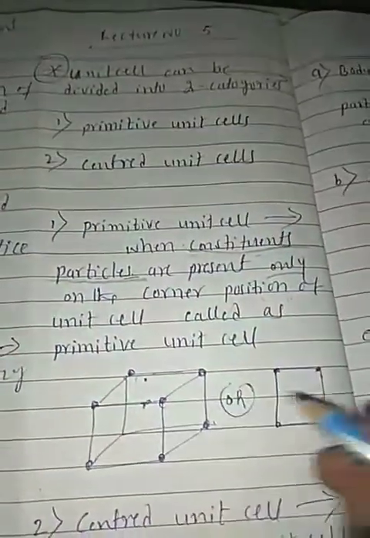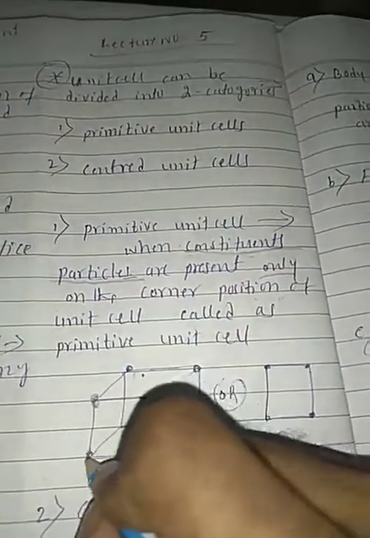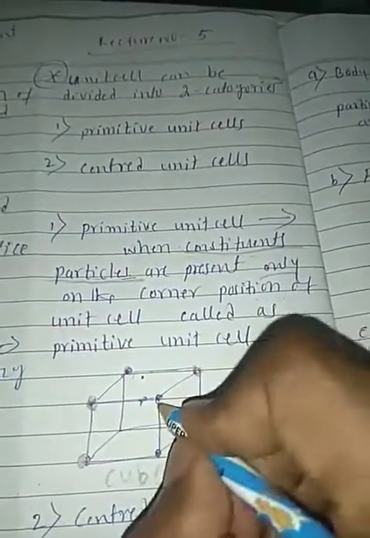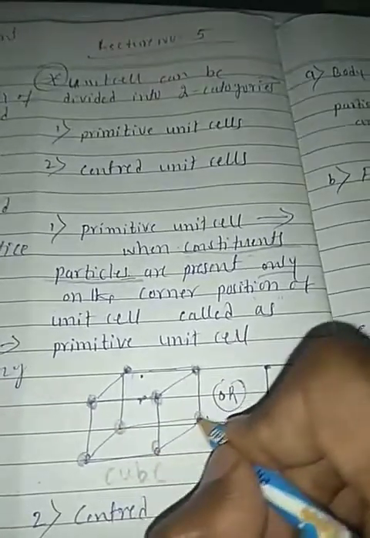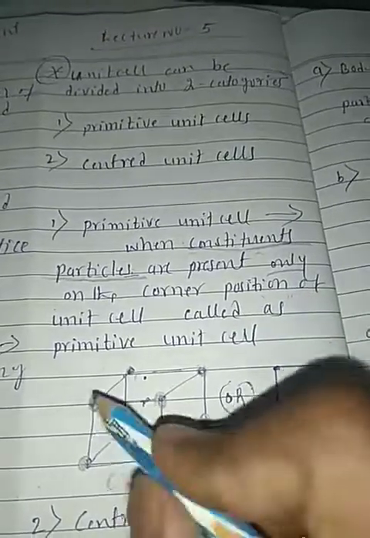This is the example, students. Here the structure is a cube. In this cube, all the constituent particles are present only at the corner, students. There is no center part, no central part.